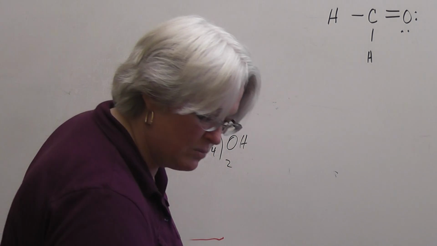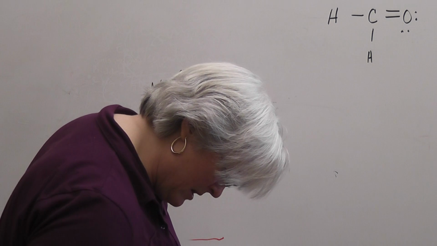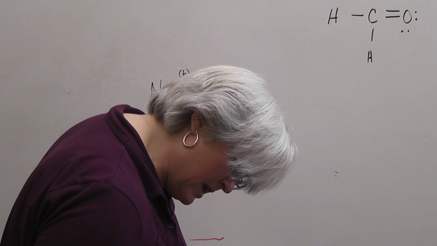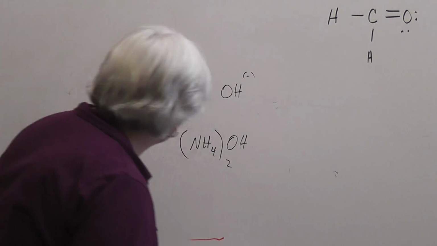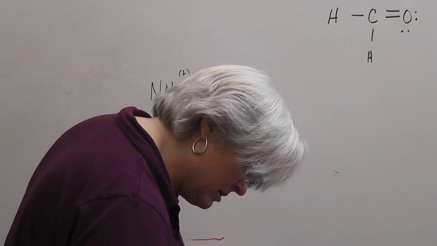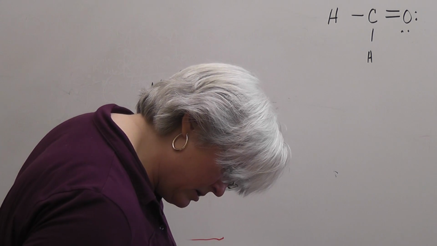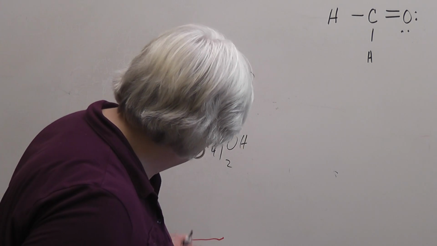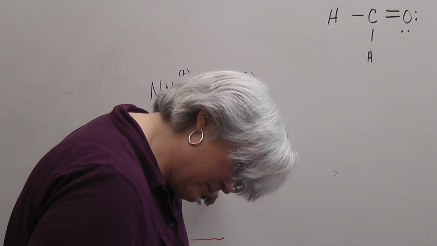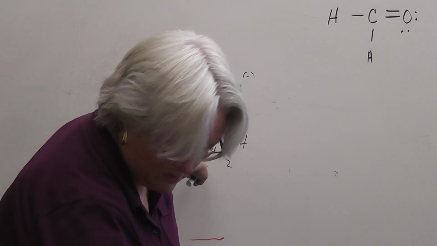Because let's see, why is that an ion? Let's look back here at nitrogen. Nitrogen has 5 electrons. That can't be right. Nitrogen, what did I do wrong?